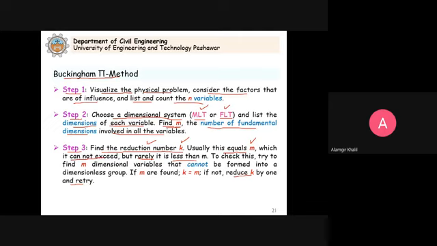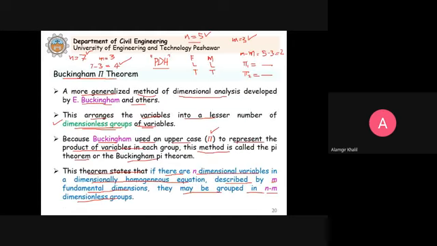It's easy. So step number 4 is to determine n minus k, the number of dimensionless groups that are needed in that problem. For example, like I did here, n is equal to 5, and if m is equal to k, then 5 minus 3 means you need 2 dimensionless groups to solve the problem.